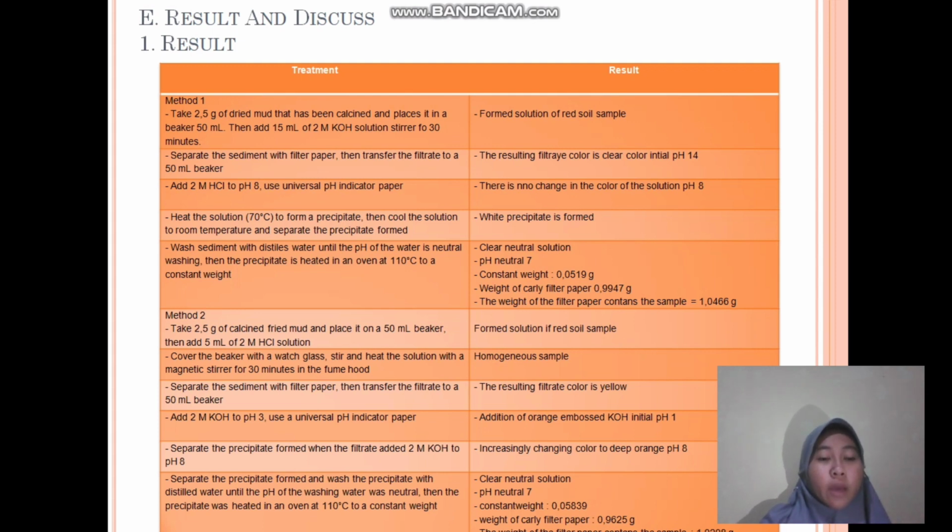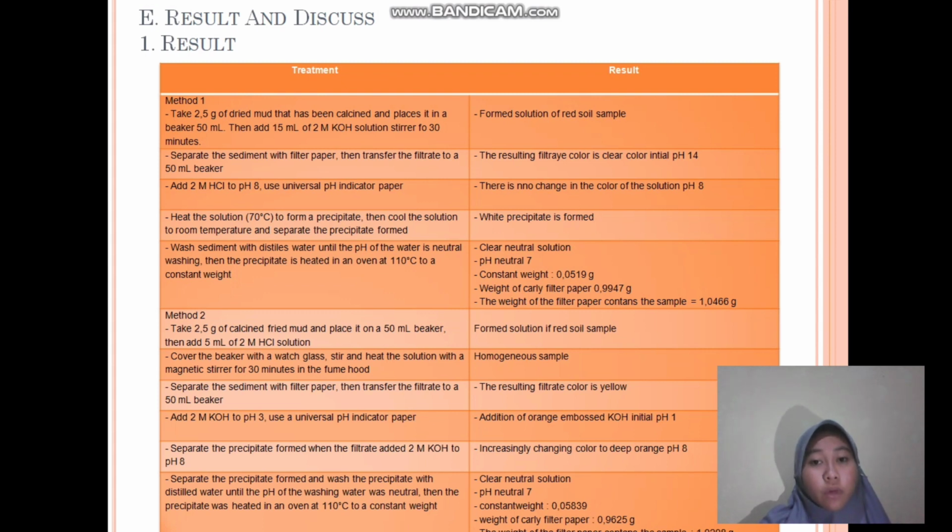Result. Treatment and result. Method 1. Take 2.5 grams of red mud that has been cleaned and put in a beaker to form a solution of the sample. Spread the sediment with filter paper.